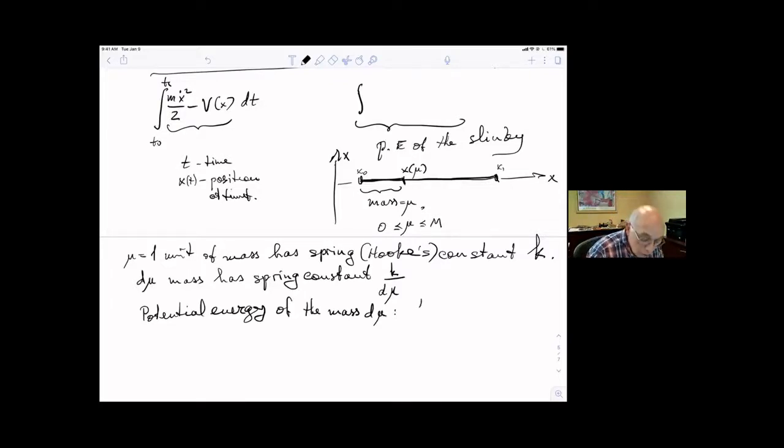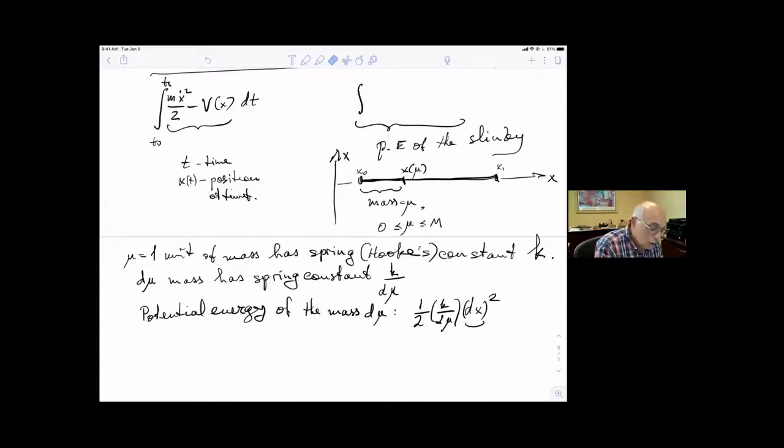So it's going to be 1/2 times Hooke's constant, which is k over d mu, times the elongation squared, which I call dx. So it's length. It has 0 length if you don't pull it. When you elongate, I call it dx.